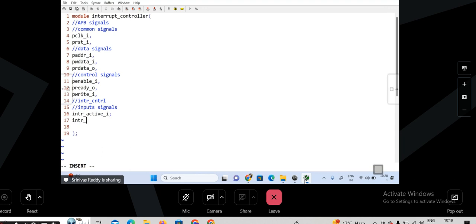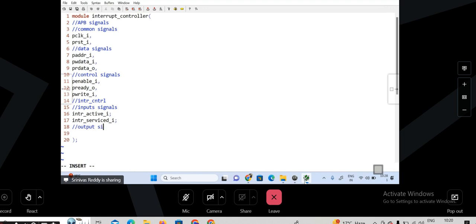So I can write like this: $clog2 of what? Depth. Is it fine if I take it like this? Instead of number of interrupts, I take depth, and from this I write the width. If depth is 32 interrupts, what is the width? 5. Do you understand?